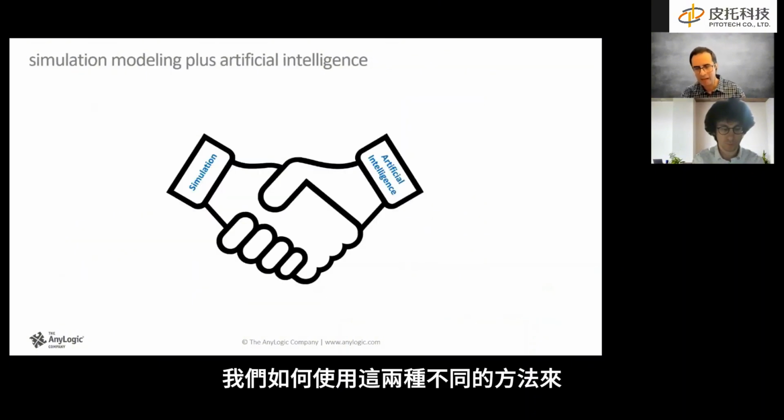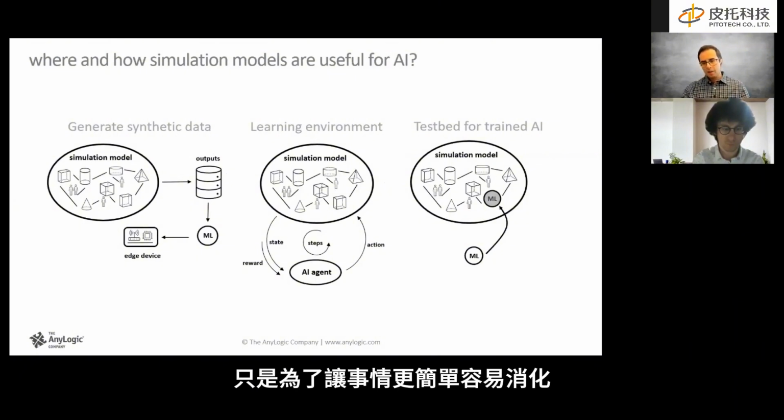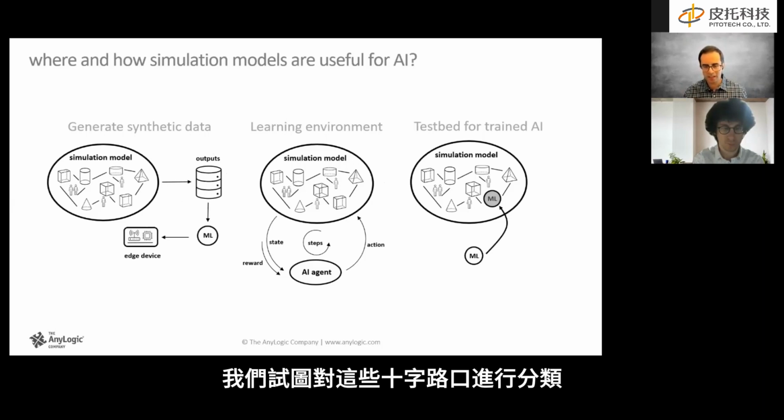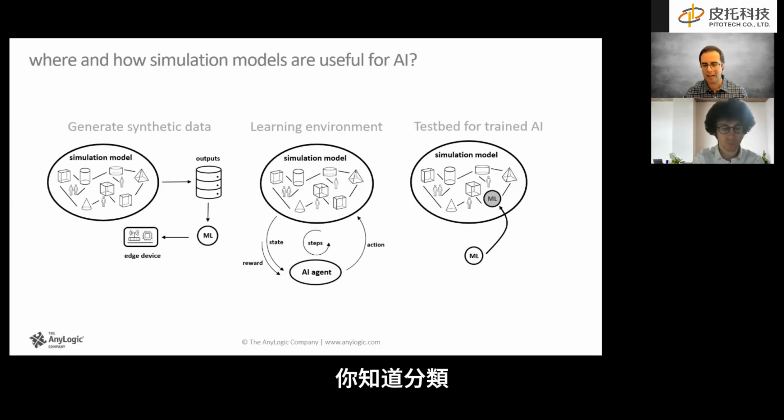So knowing that, how can we use these two different approaches to uncover knowledge from looking into existing systems? To make things simpler and easier to digest, we tried to categorize these intersections into three different categories. You can do it in different ways, but we feel this is a pretty easy to understand categorization.